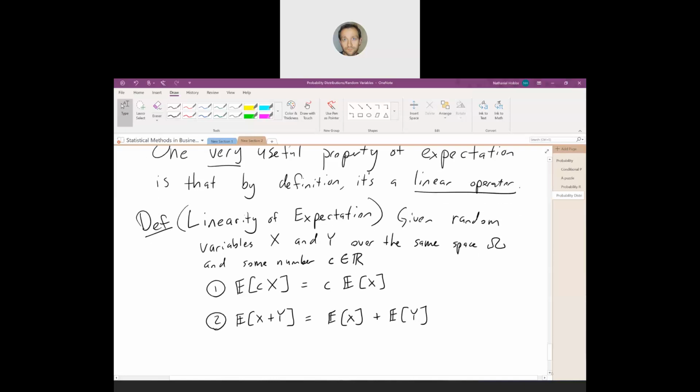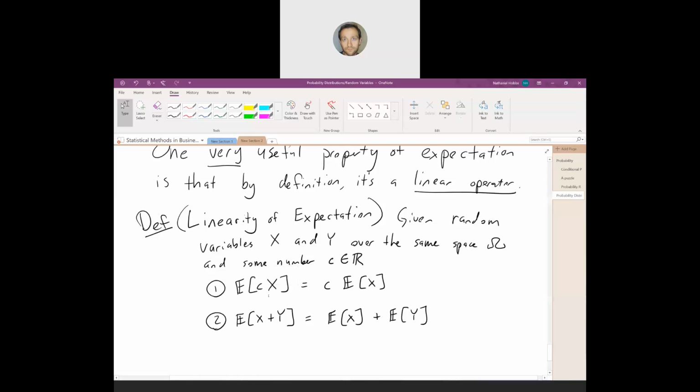So this is a really, really useful property because you can scale a random variable however you want. That's what the c is. So maybe the number is 10. Let's make c equal 10. Then in the die example, I'm going to be multiplying everything by 10.